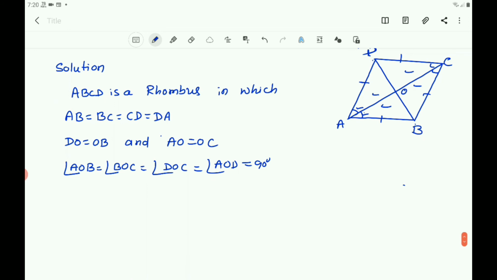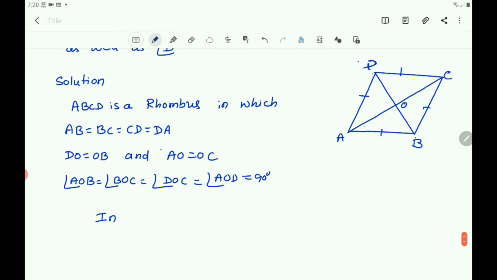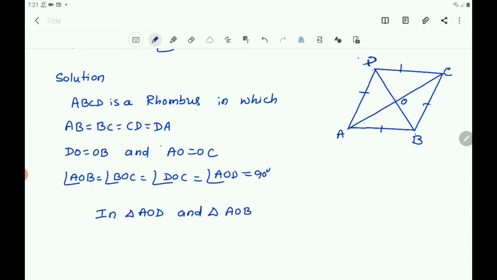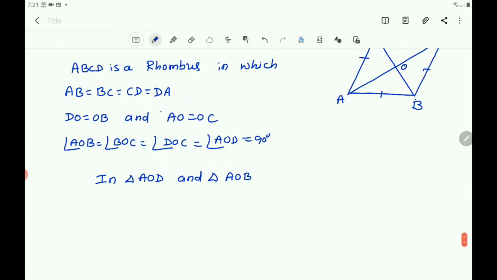First one, you take triangle AOD and triangle AOB.